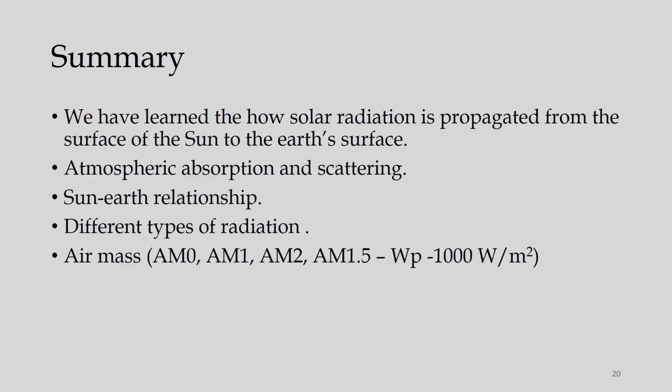And also we have understood the different kinds of radiation: what is global radiation, what is diffuse radiation, and what is normal radiation. So, when solar radiation strikes the earth's surface without being disturbed in the earth atmosphere, that is called normal radiation or direct radiation, and if scattered radiation is received by the earth's surface, that is called diffuse radiation.